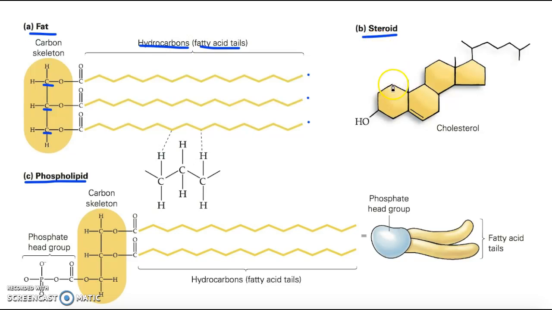Steroids structurally are composed of these 4 fused rings, and this particular steroid is cholesterol, which we find in cell membranes. But we have these 4 fused rings, 1, 2, 3, 4. And in addition to forming this particular steroid cholesterol, which we find in cell membranes, steroids are also precursors to the synthesis of certain hormones like estrogen and testosterone.